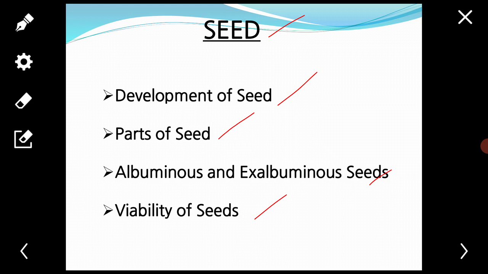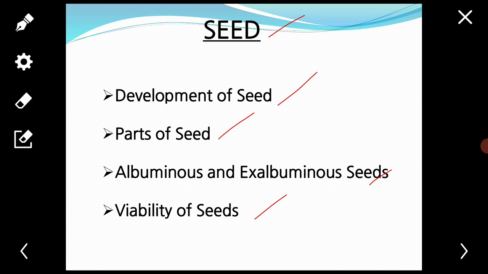The reasons for the loss of viability may be due to complete utilization of reserve food materials, denaturation of proteins and enzymes, and damage of the embryo, etc. There are a number of tests used to test the viability of the seeds.